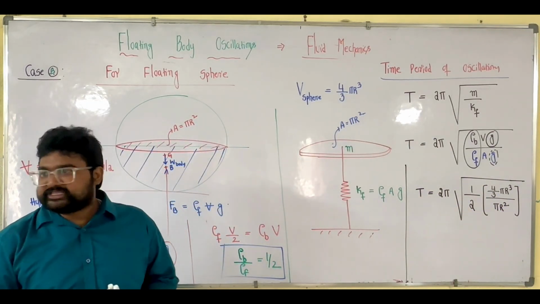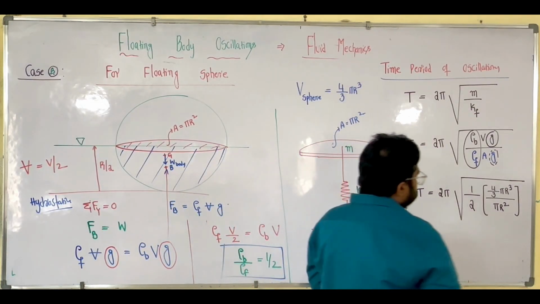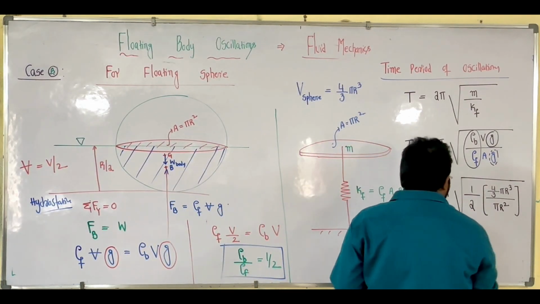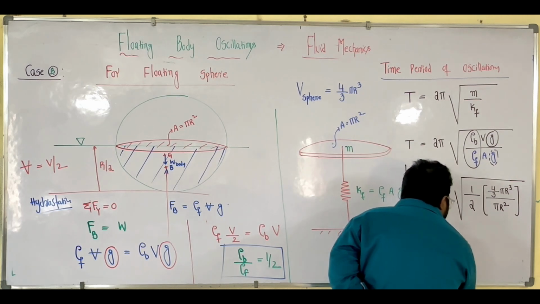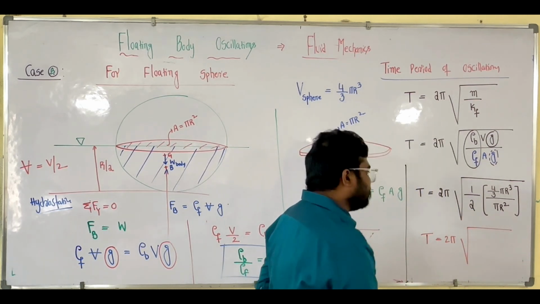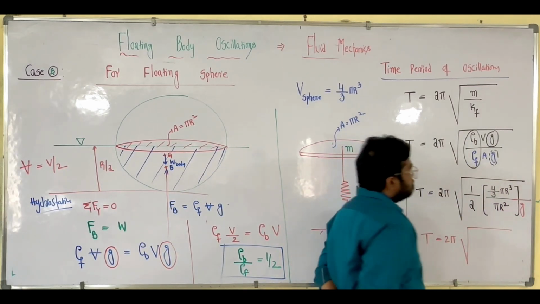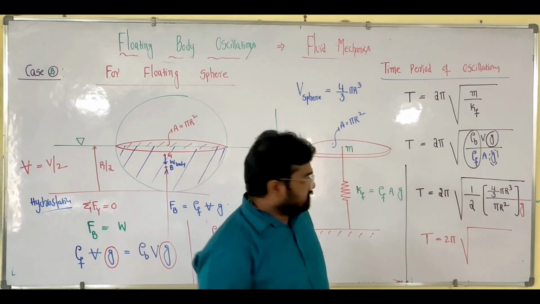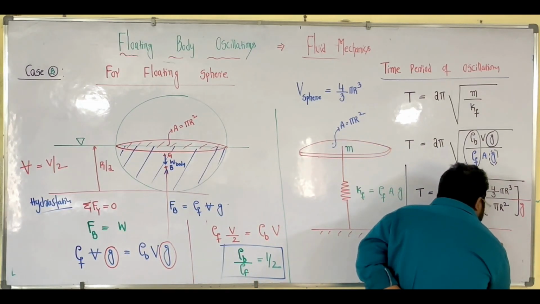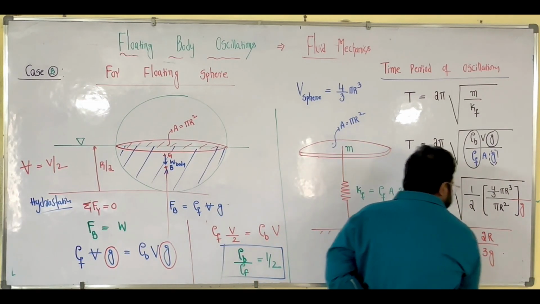Volume by area: 4 by 3 pi r cube by pi r square. Pi r square cancels, and 2 gets cancelled out. Then T equals 2 pi square root of 2r by 3g. Where is g? This is g. Are you following? 2r by 3g will come.